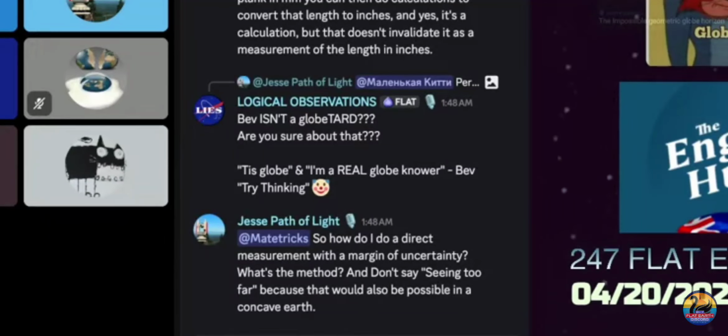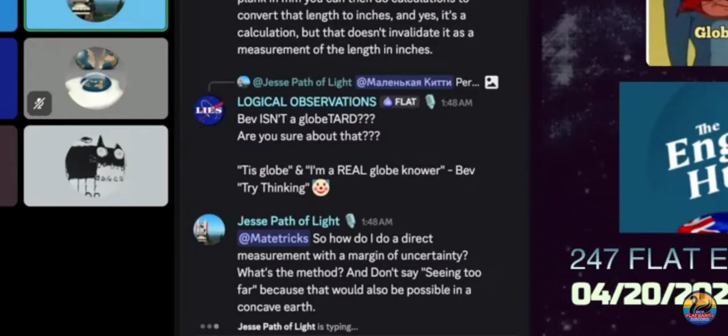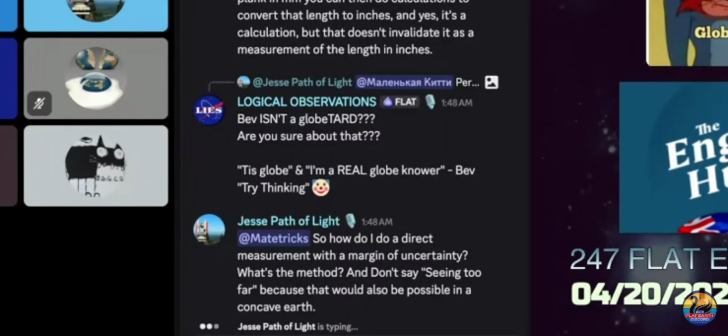Wouldn't that much light bending and those sort of conditions result in some really funky looking scenery? I'll get you a picture of why I have a different view on that than you. Okay.